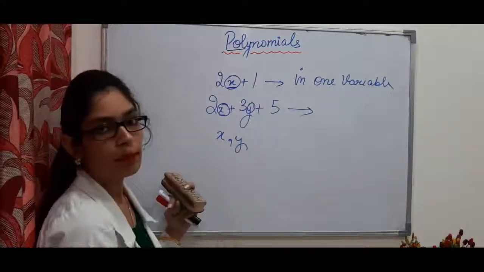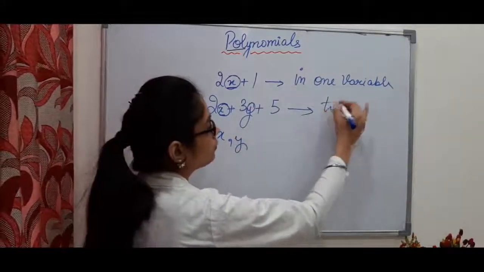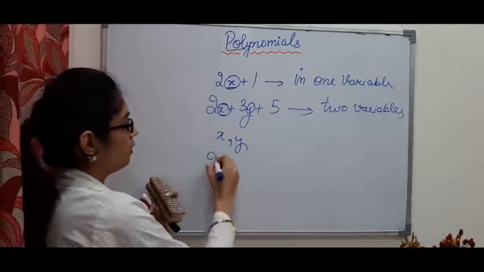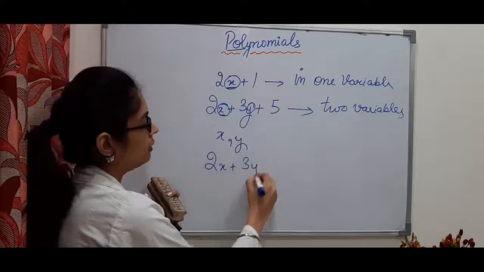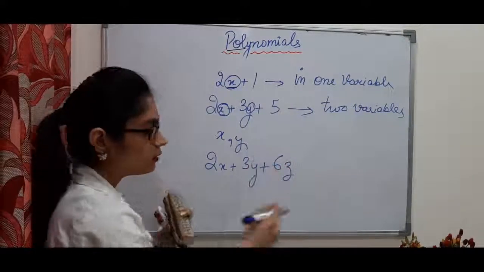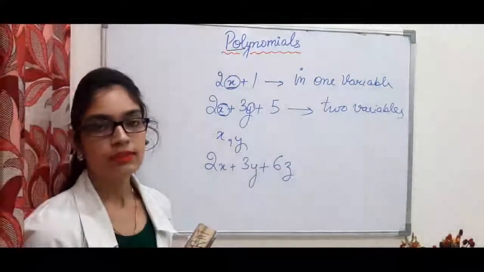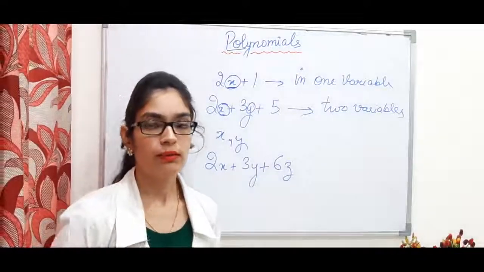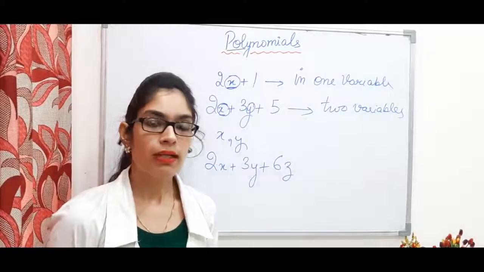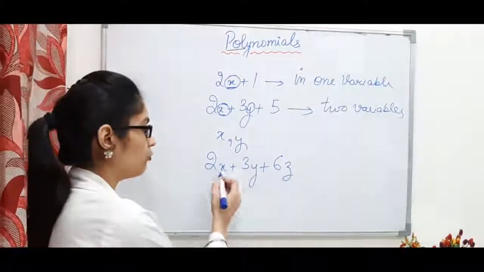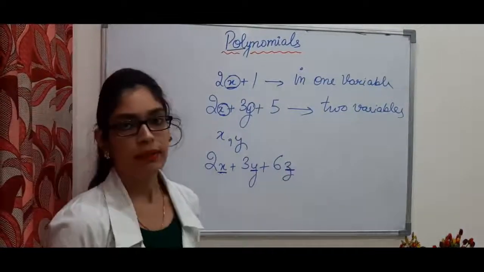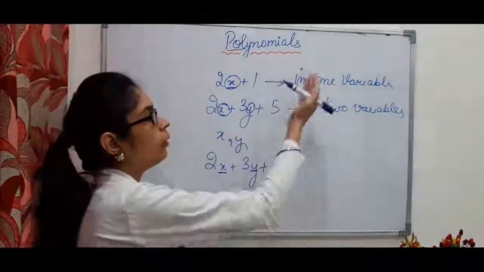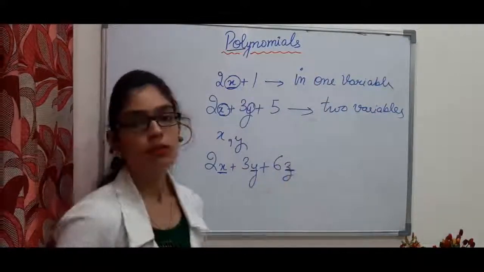So this polynomial is in 2 variables. Then 2x plus 3y plus 6z. Like this it will continue. You just have to check how many variables are present, and if the question is given to you how many variables are there in this polynomial, you just have to count the number of alphabets and then you can write this is a polynomial in 2 variables, this is a polynomial in 1 variable. Like this you can mention it.